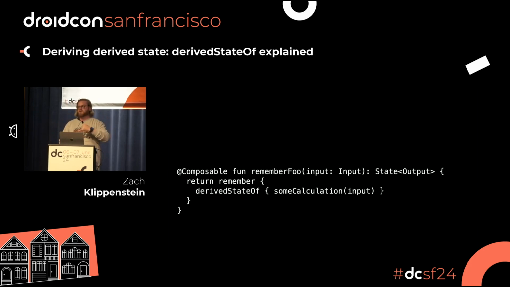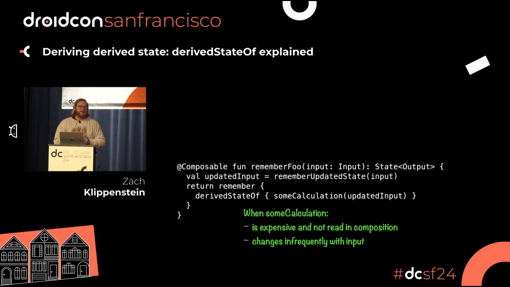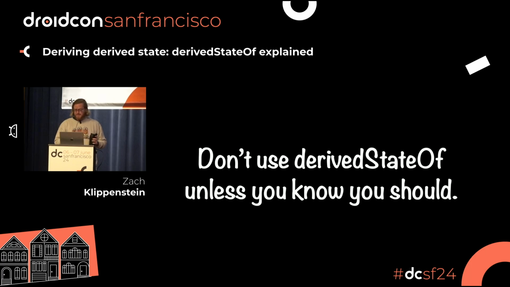It's not capturing a state that represents the input value, so we have to convert it to a state. And again, that's what remember updated state is for. So now every time this gets called with a new input, that updated input state is going to change. And then when the derivedStateOf state object is read, if it needs to, it will reread that state and recalculate the output. So one more time, don't use derivedStateOf unless you know you should.